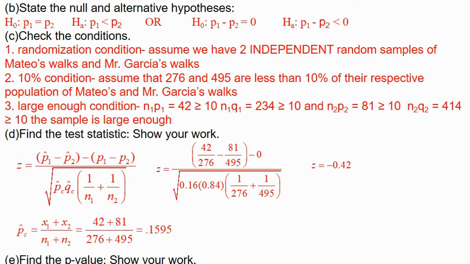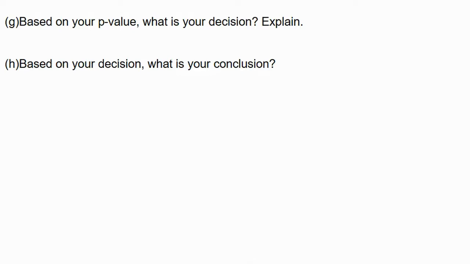Let me give you a minute to try the rest of this. Actually, let's just keep going with the wording recipe of a p-value and then decision and conclusion. And then that would be it. So letter F, interpret the p-value. It's a wording recipe. I don't think I included it in these notes because I just forgot. But the wording recipe is the same for the p-value as it was before.